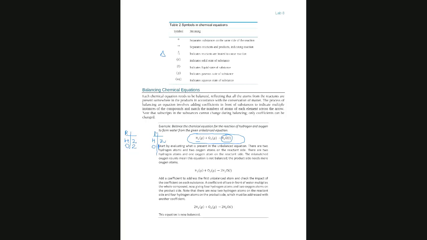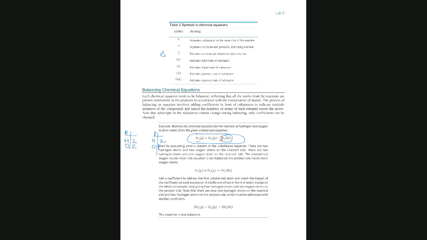That's bad. The formula, which means the way it's written here, the hydrogen, you cannot change it. You can only balance using coefficients, which means if I have to make two oxygens, my only option is to add a 2 here in front of the water.